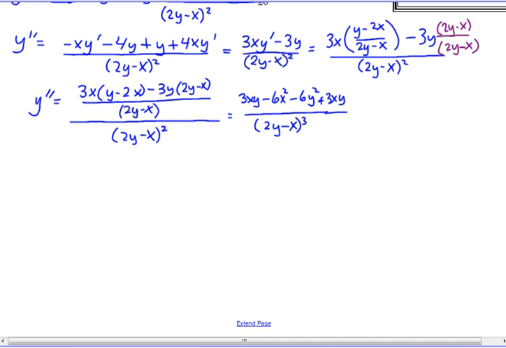Okay, collecting like terms, we have 6xy minus 6x squared minus y squared.